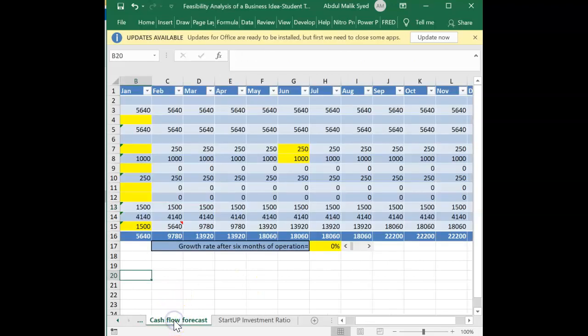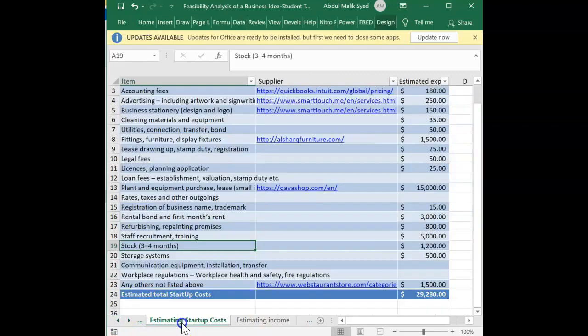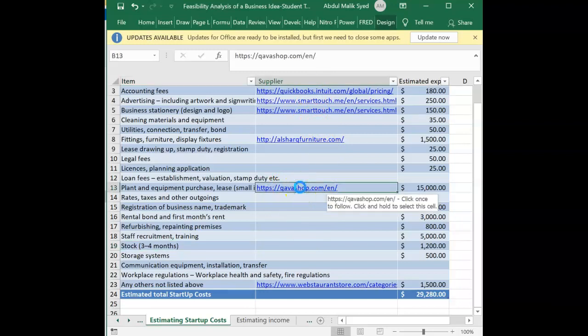But you have to make sure that the startup cost estimations are realistically done. I have done it realistically by bringing all the information from different sources. And these are the Java machines, which you can get.